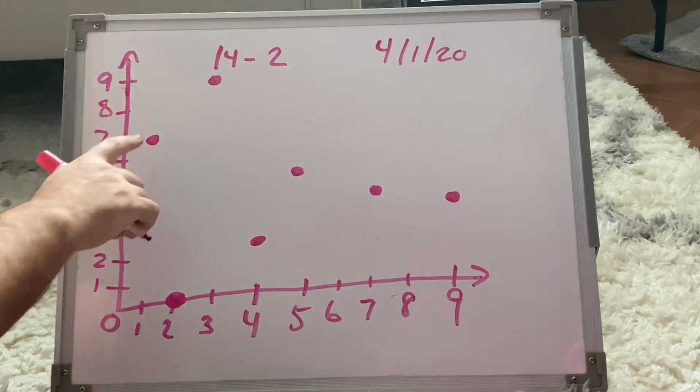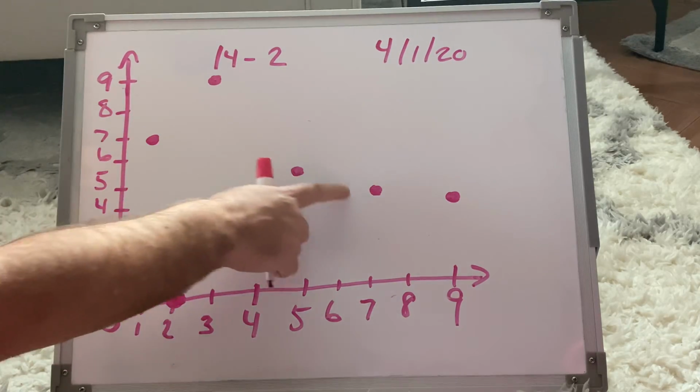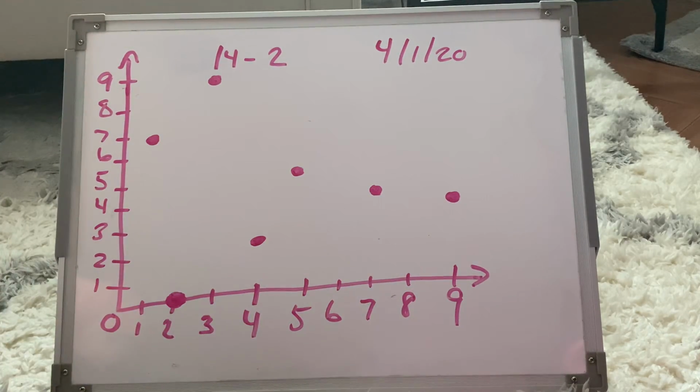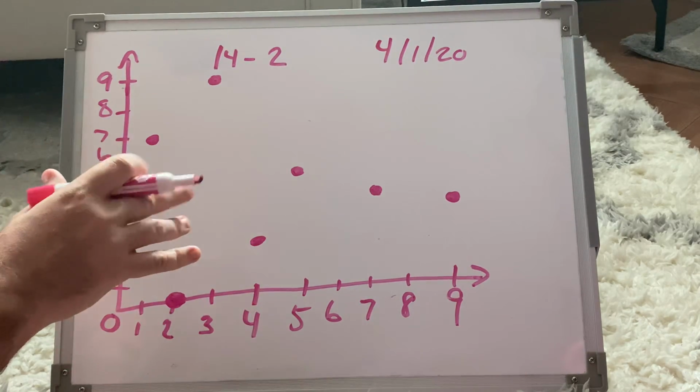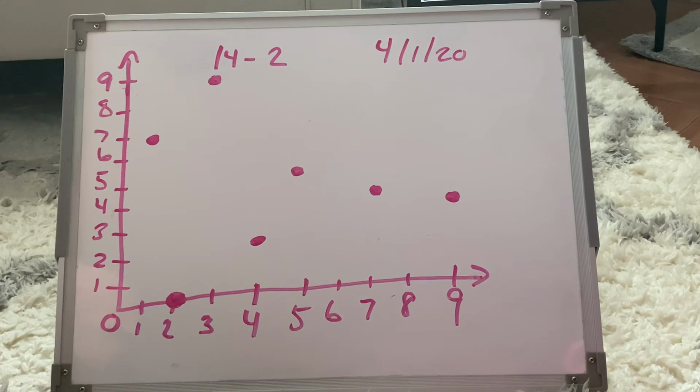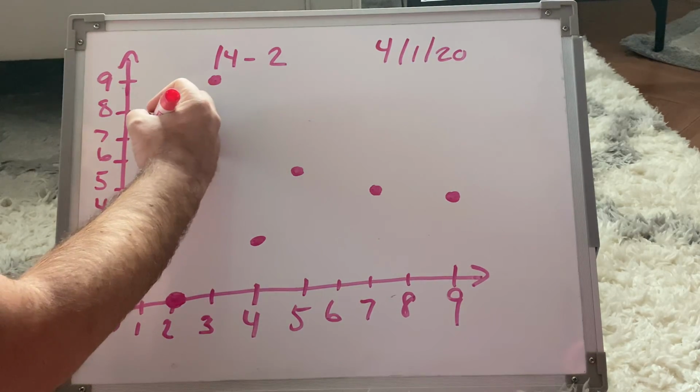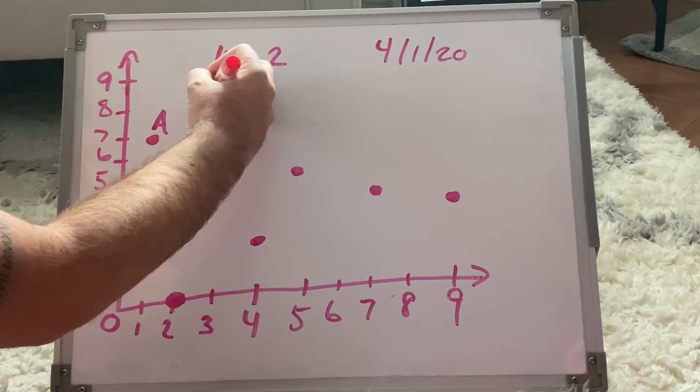Okay, now let's say I give you these 7 points on your graph, and I asked you to give me the ordered pairs. And I'm just gonna put any letter on these, it doesn't really matter.